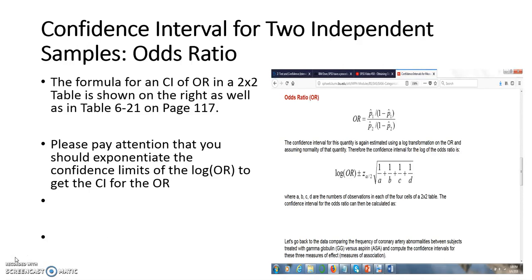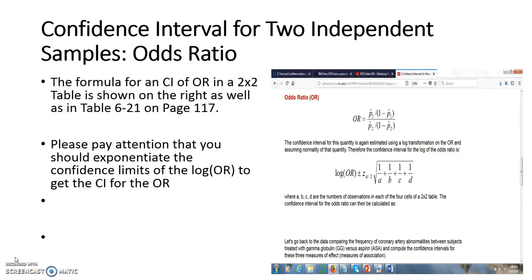And then you can calculate a confidence interval for the log OR using that formula: log OR plus minus Z alpha over 2 times the square root of 1 over A plus 1 over B plus 1 over C plus 1 over D, where A, B, C, D are the cell counts in that 2x2 table. Okay, and this formula is also called the Wald confidence interval for odds ratio.